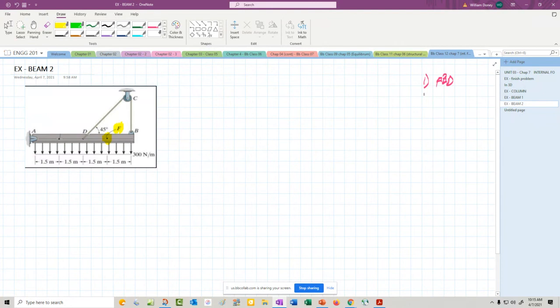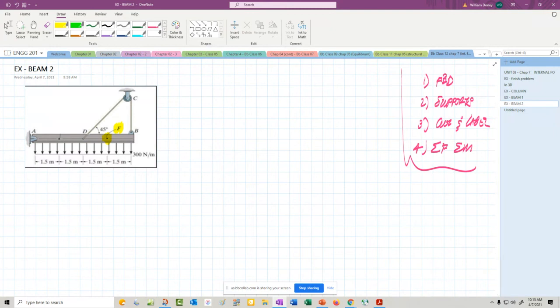Free body diagram, supports, cut and label, some force, some moments. Hasn't changed. Doesn't matter what the object or the structure looks like. Supports. Now this has a pulley in it, so we're like, well, we've never dealt with pulleys. Well, we kind of have. We don't care what's happening outside of the structure.